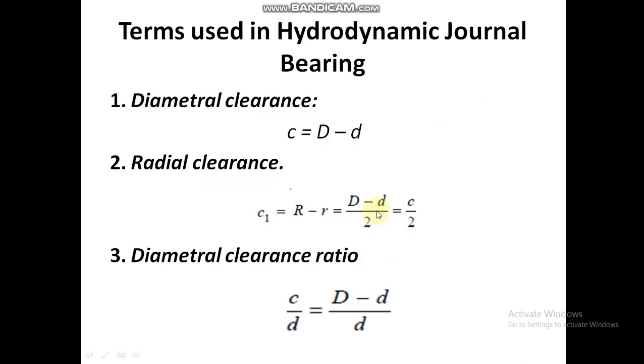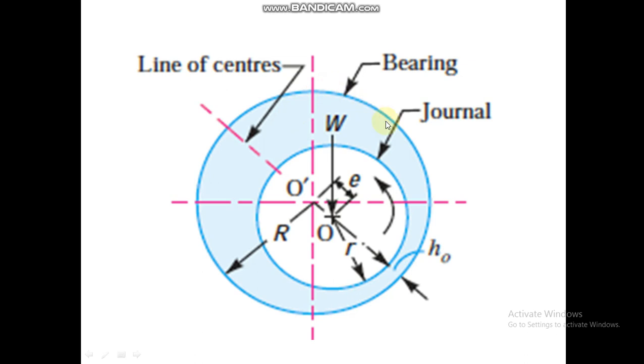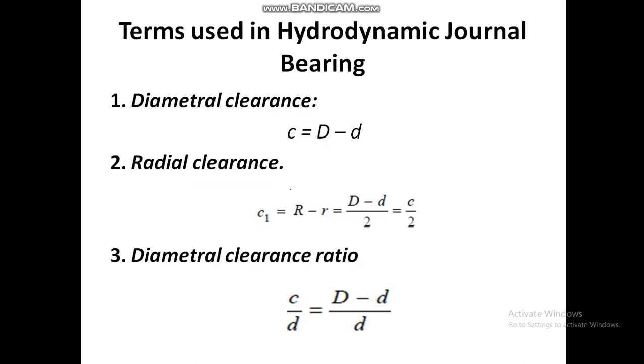So from this figure, we can define some terms that are used in hydrodynamic bearings. First one is diametral clearance. Diametral clearance is written as capital D minus small d, where capital D is the diameter of the bearing and small d is the diameter of the journal. So the difference between the two diameters is the diametral clearance.